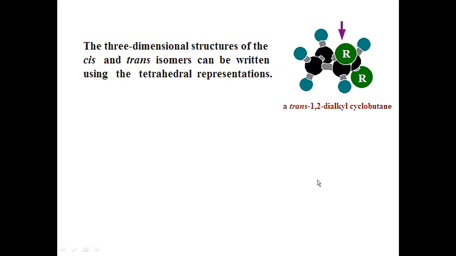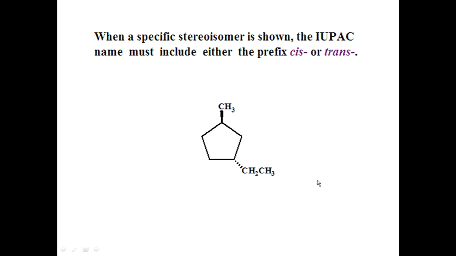I already wrote cis and trans earlier. So what would be the name of this molecule? Now I see bold and dashed wedges here, so I'm asking you, is this the cis or the trans? And so naming this, I would start numbering here, 1, 2, 3.